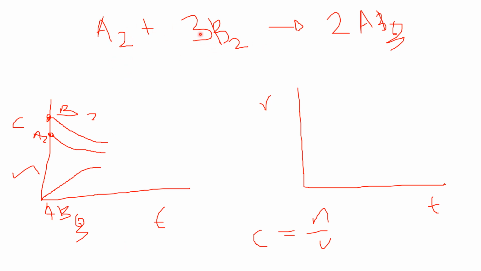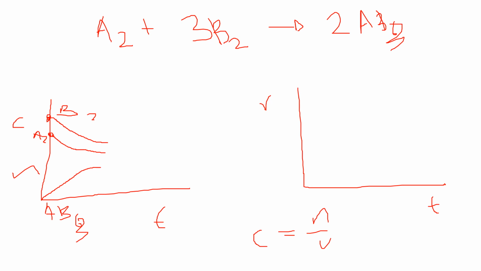But when the system reacts, it will decrease its moles. So when the moles start to decrease, that means your forward reaction will also start to slow down, because now the products are being formed. That means the reaction is coming to an end, or maybe it's coming to an equilibrium.